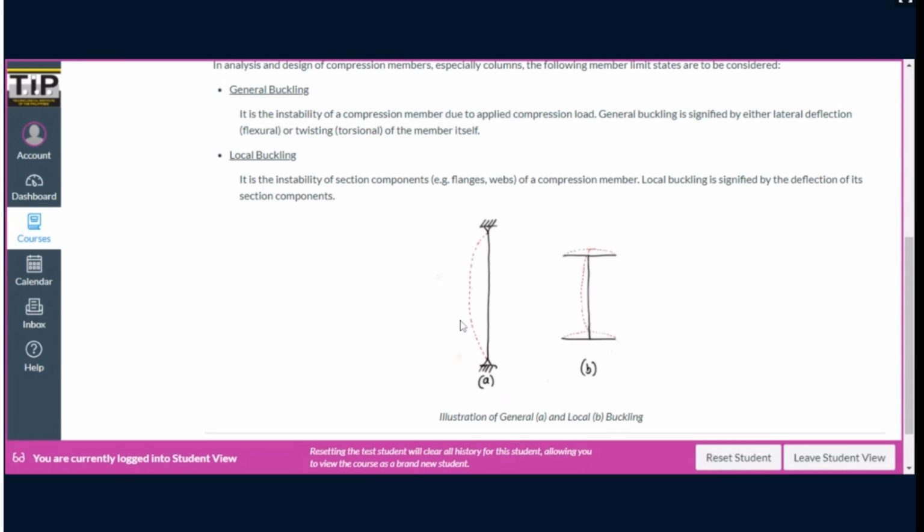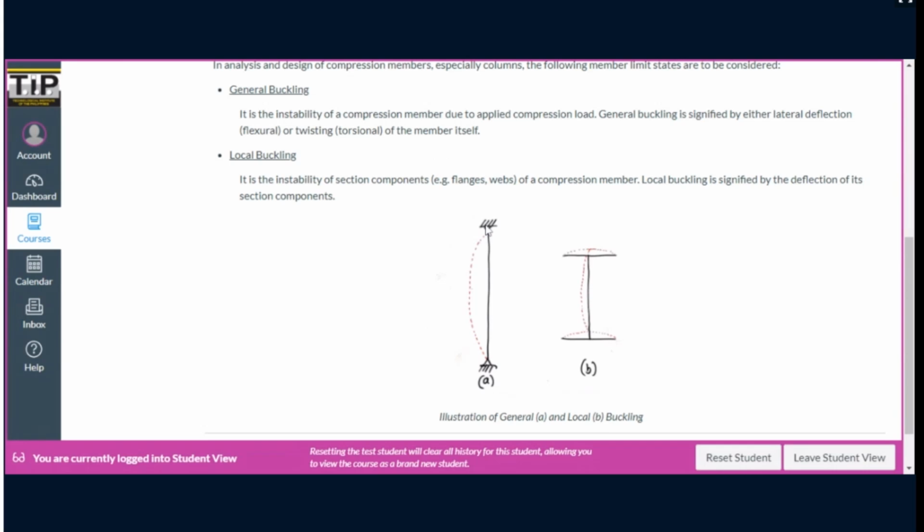So let's have this column right here. If you subject it to compression loads, from what we know in structural theory, it should only shorten, right? So that's what we expect. However, in some cases, especially if it is slender, so we will define the slenderness of a member.